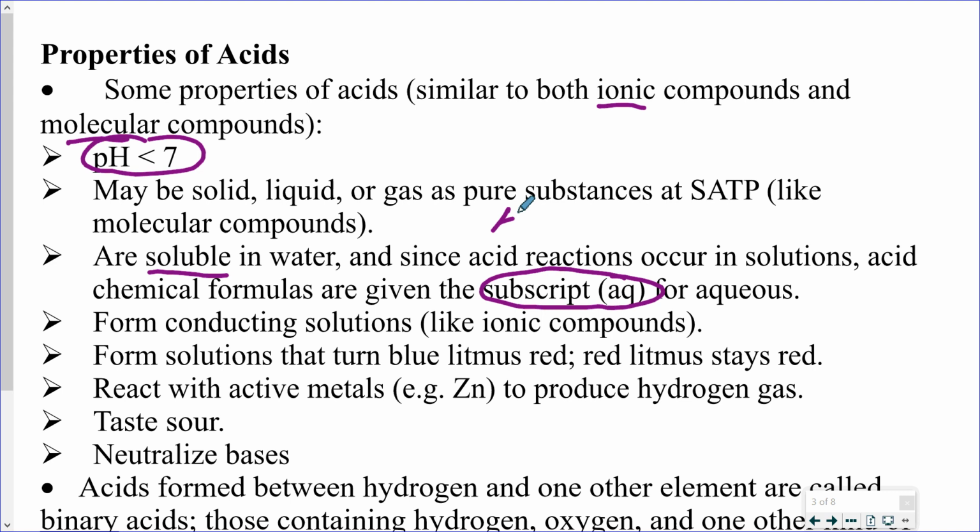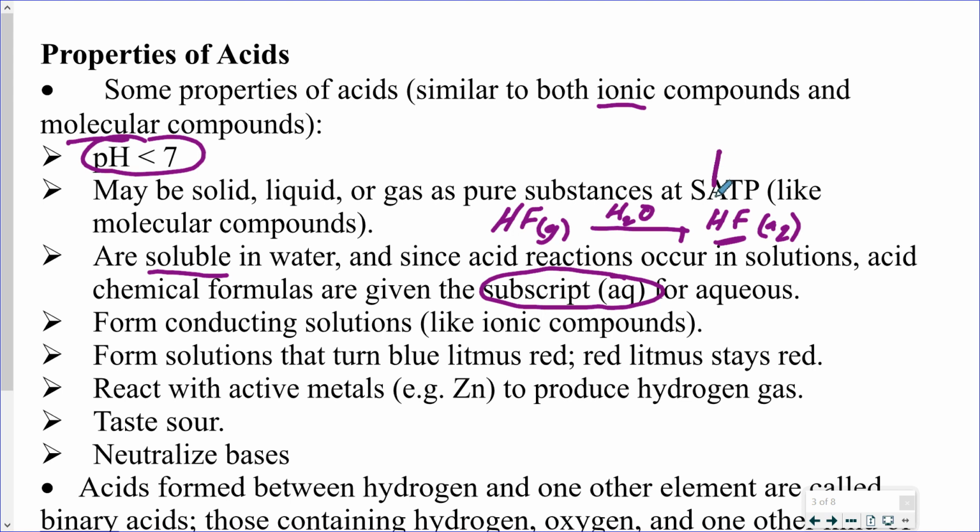So I mentioned that HF, hydrogen fluoride, you dissolve it in water, this will split up into the ions, but I'm just going to write it here as HF(aq). All that means is we took hydrogen fluoride gas, we dissolved it in water, and now it is an acid.